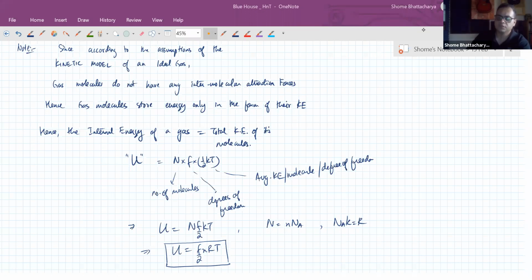So triatomic molecules can be linear in shape, they can be non-linear in shape. Like we saw the example of carbon dioxide. It's a linear molecule, so it more or less behaves like a diatomic molecule. But then it also has vibration at nominally high temperature, not extremely high temperature. So for polyatomic molecules, for more than 2 atoms per molecule, the concept of degrees of freedom becomes a little bit more tricky.